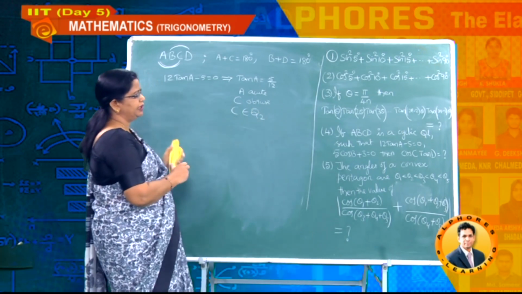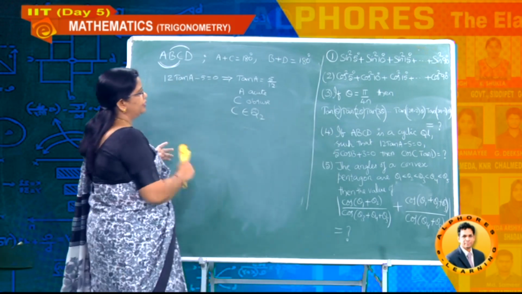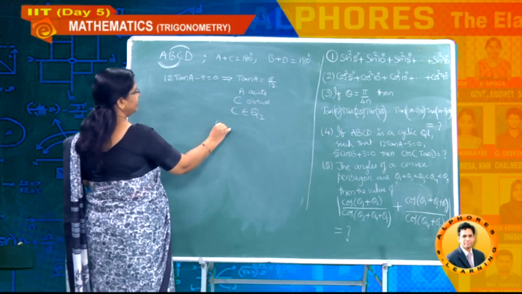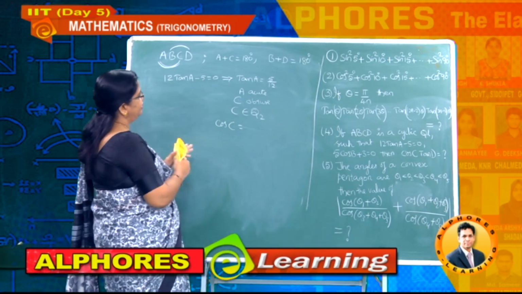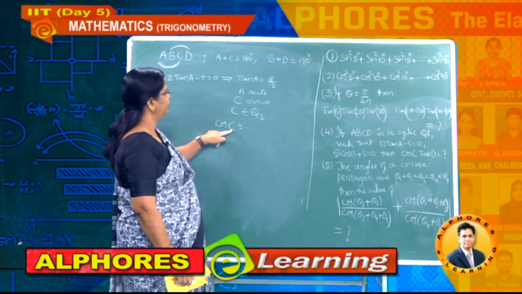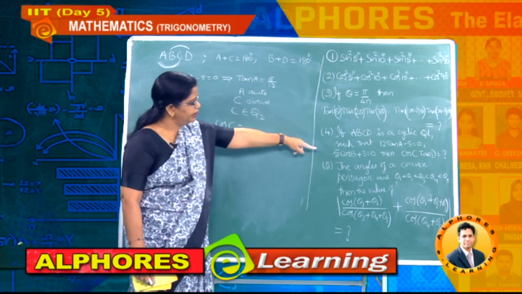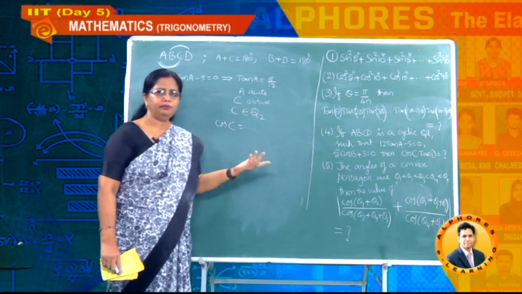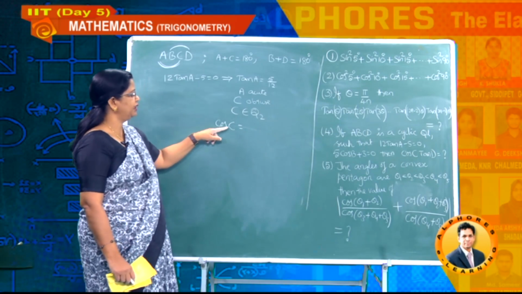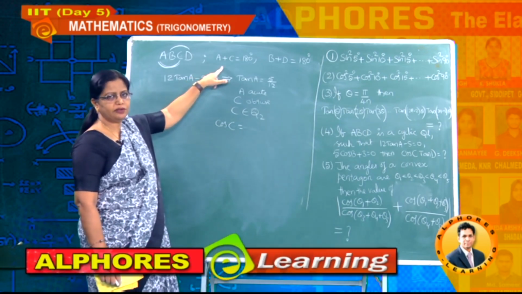Now in the question, which value do we require? Cos C we require. So what is the cos C value? Now you know about the C value, but here there is no information on C. They gave tan A and the other one they gave B. Our information is only on angles A and B. No information regarding angle C. That is why we must make use of this concept.